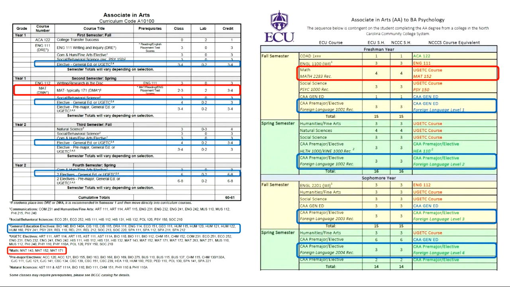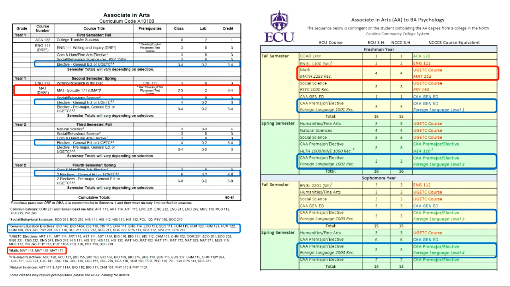So those electives, although it lists a lot of courses down here that I could choose, the smartest thing for me to do is to choose this Spanish 111, Spanish 112, Spanish 211, and Spanish 212, because it would fulfill the elective requirements for my associate in arts on the left, while at the same time fulfill my foreign language requirements over here on the right for my BA in psychology.